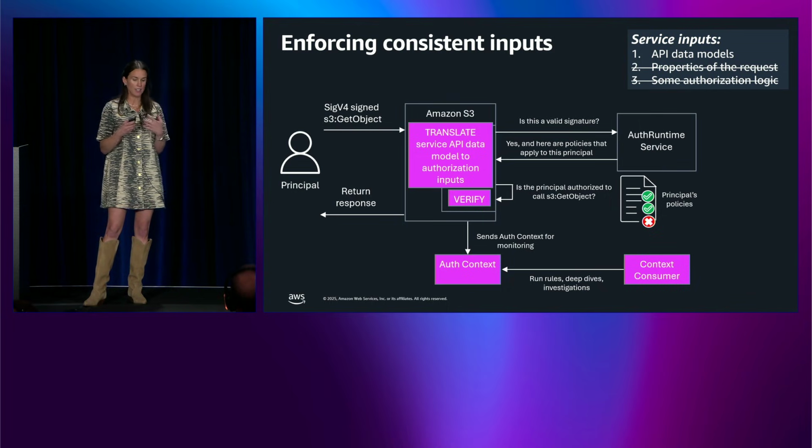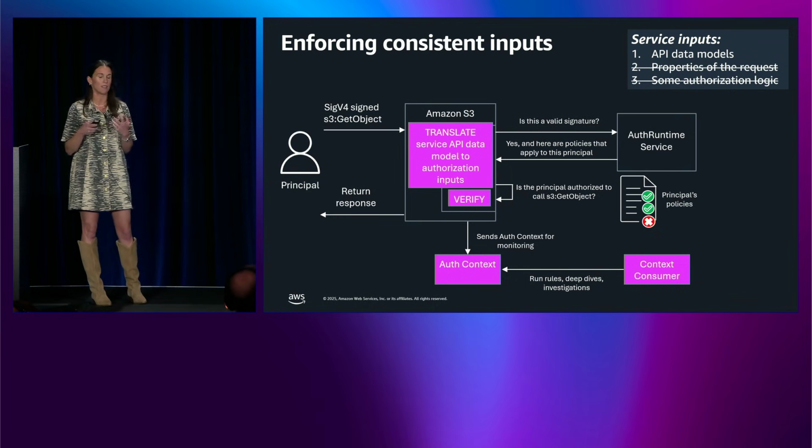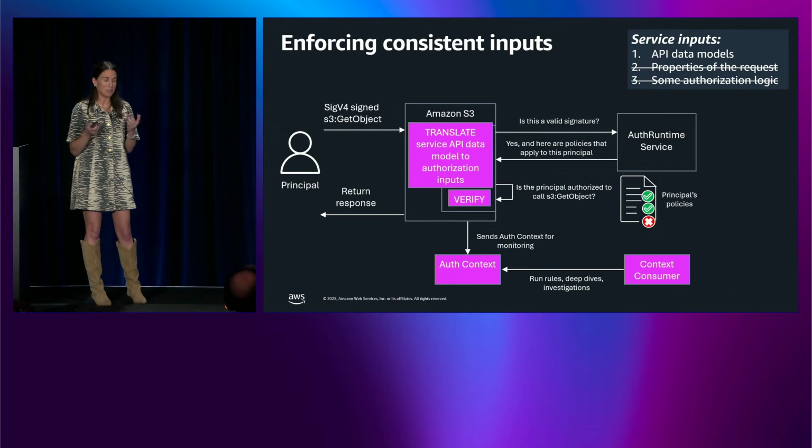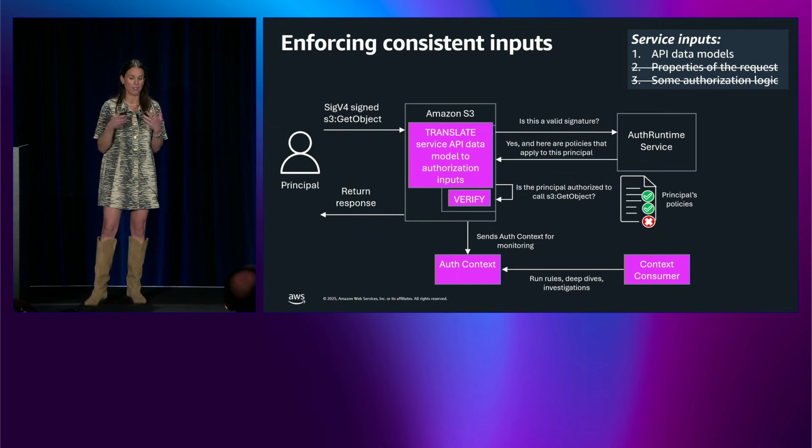And as a result, this creates a simpler interface to IAM and reduces AWS's service team's efforts and responsibilities when they're launching new functionality, reducing the amount of work they have to do to integrate with IAM properly. And the benefit that matters the most is you as a customer can then rely on more consistent authorization experiences.